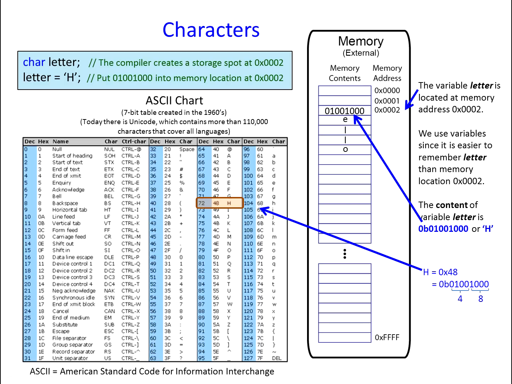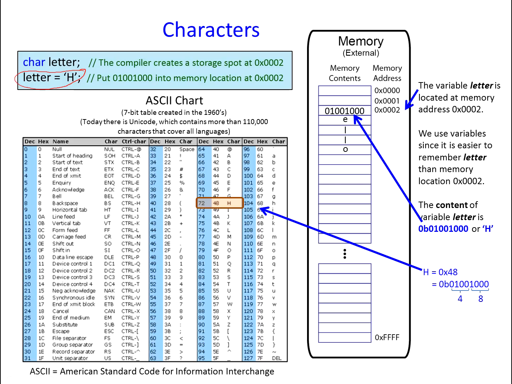So what's really happening here is when we type letter equals H, what we're really saying is, well, if we go to the ASCII table, here's H. It's saying H is represented by the hex value 48, and this is hexadecimal. And in binary, the 4 is just 0, 1, 0, 0.